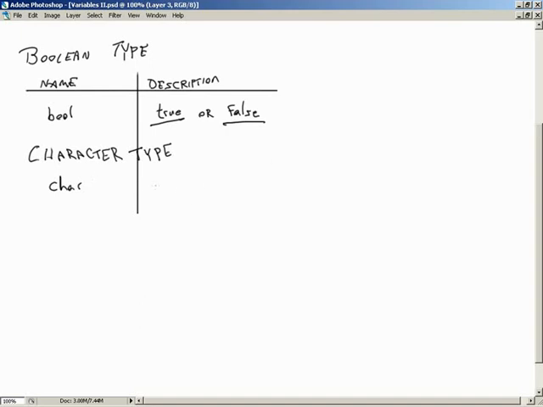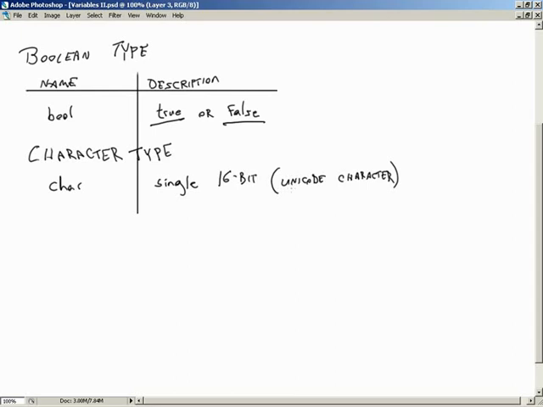It is a single 16-bit Unicode character. So it's a Unicode character that we're holding in there, 16-bit.